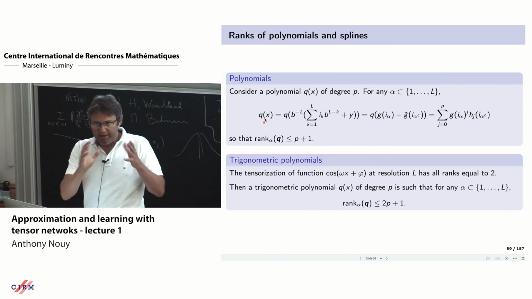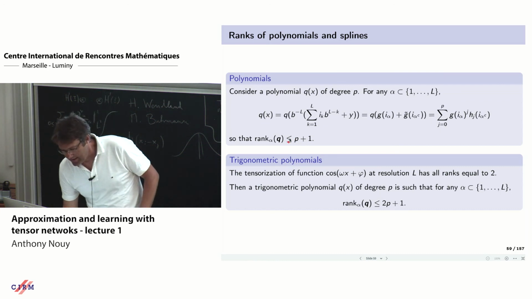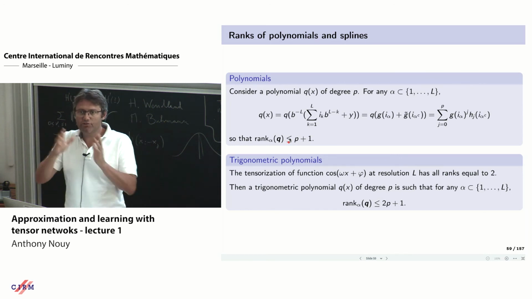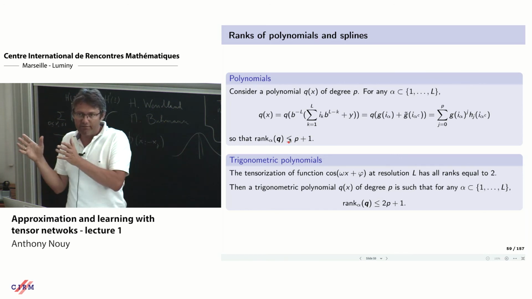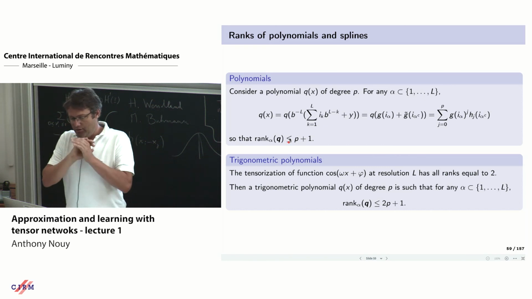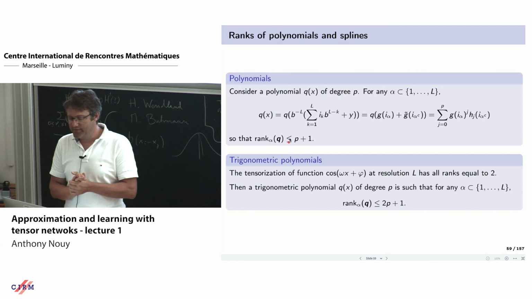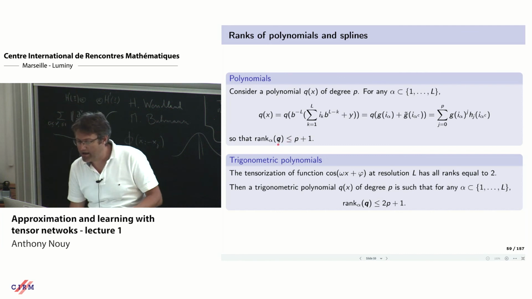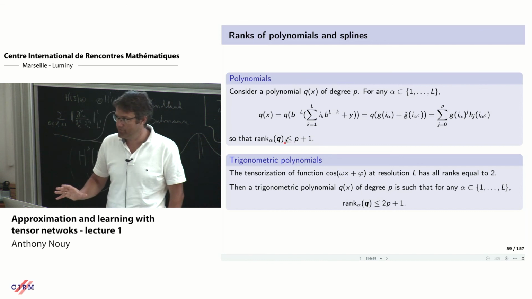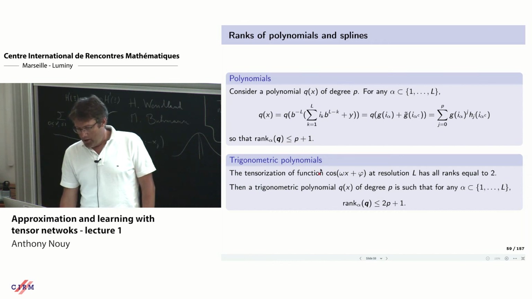So if you have a polynomial function and you tensorize it, seeing it as a multivariate function with this tensorization technique, the tensor associated with this polynomial will have all alpha ranks bounded by p plus 1. The ranks are controlled. The same holds for trigonometric polynomials.